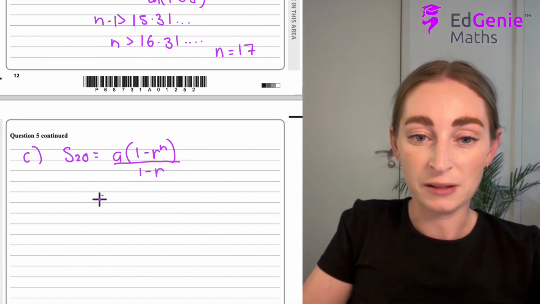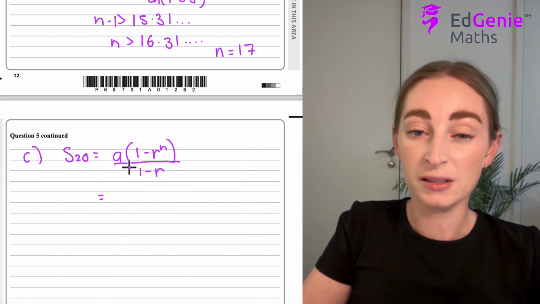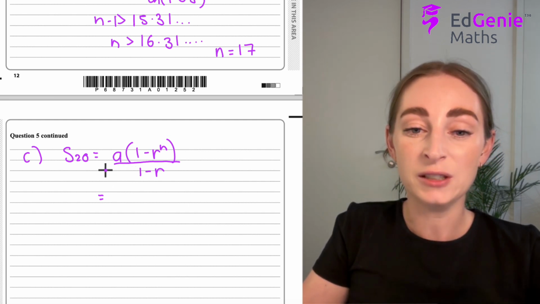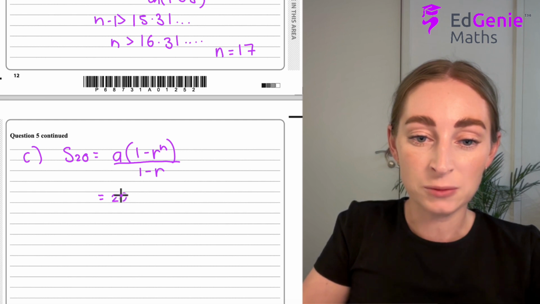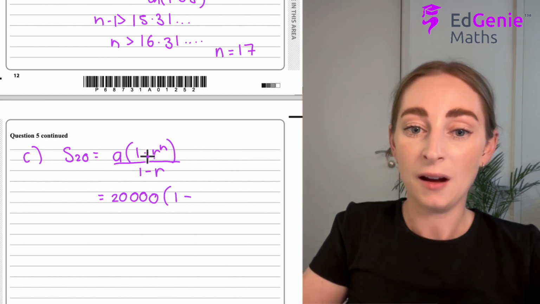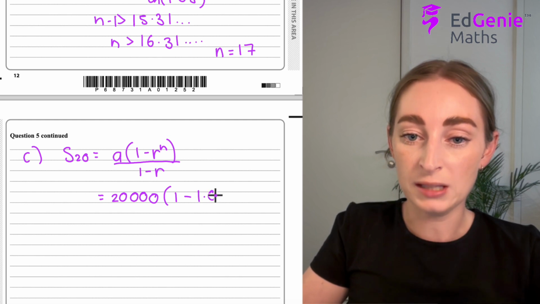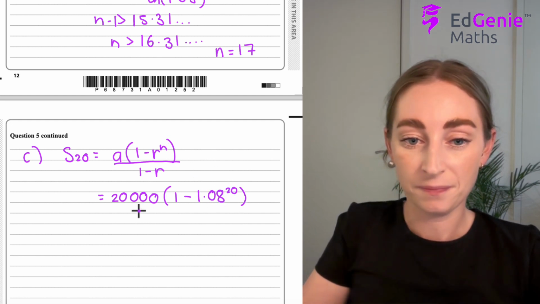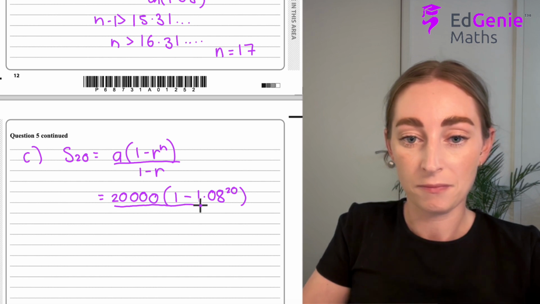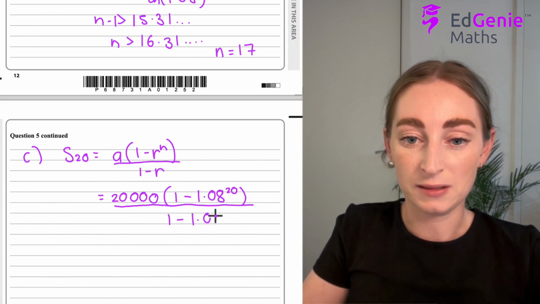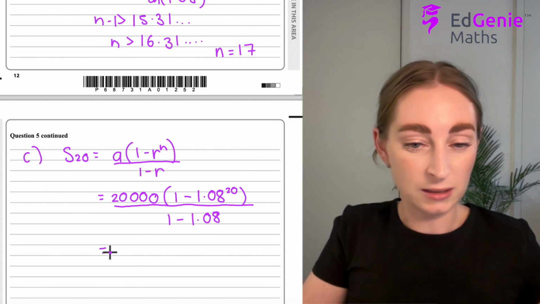Let's substitute in our values. So A is our starting amount, which was 20,000. R, which is 1.08. N, which is 20. Again, R, 1.08. Put that into our calculator.